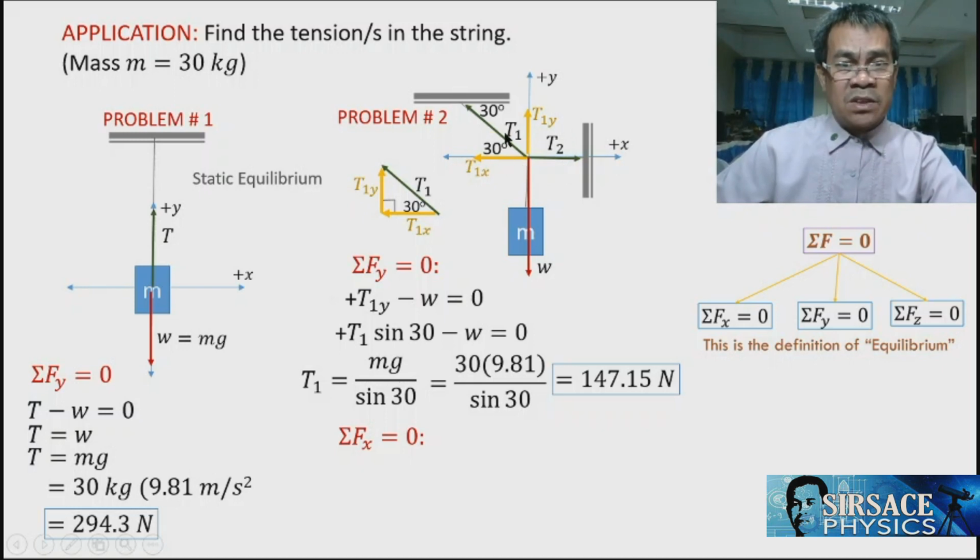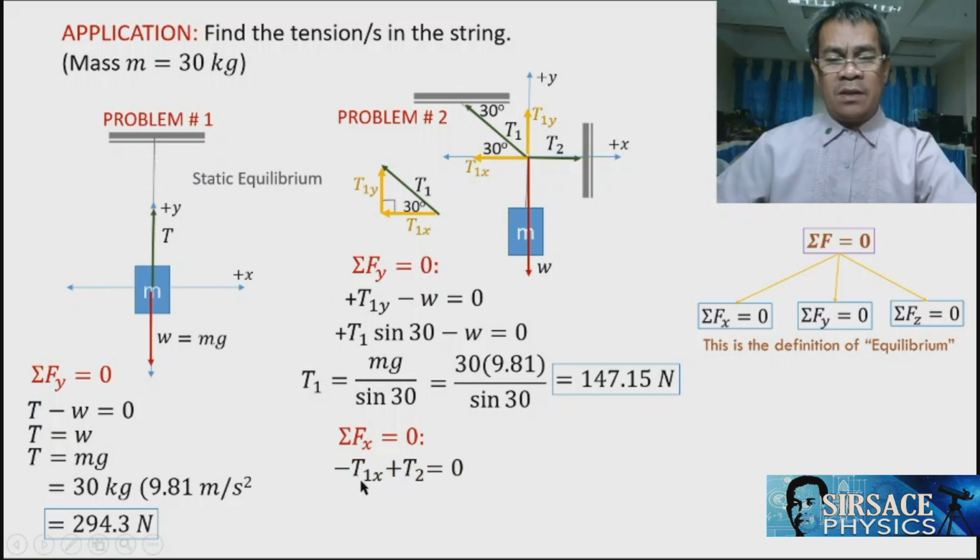Forget the T1 because, as I've said, the image of T1 are T1x and T1y. So, ignore this one. So there are only two forces along x. T2 is positive, and T1x is a negative force. So, T1x negative plus T2 positive. These are only the forces. So, set this to 0.